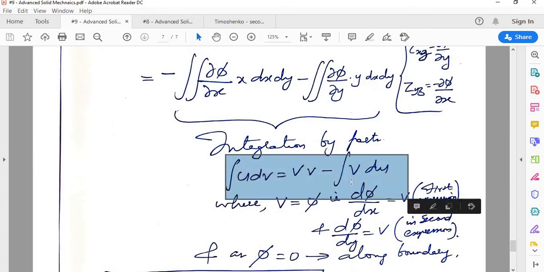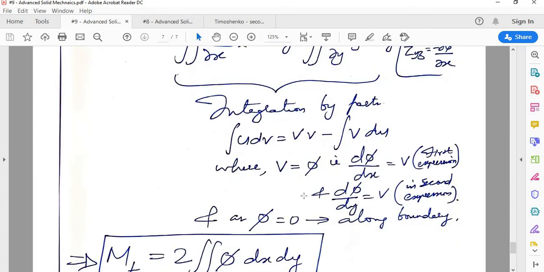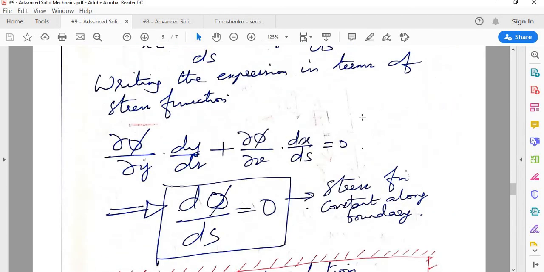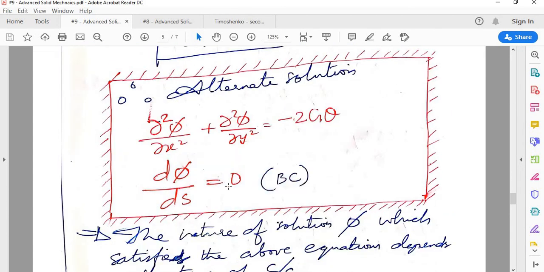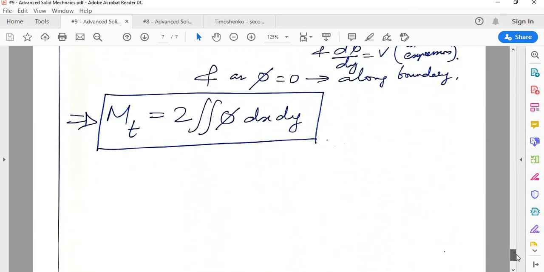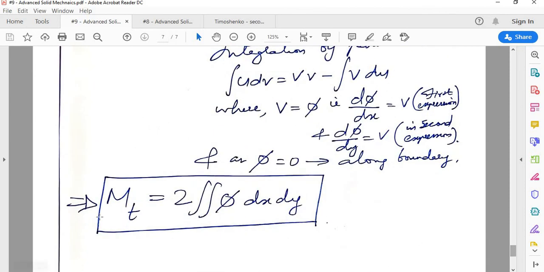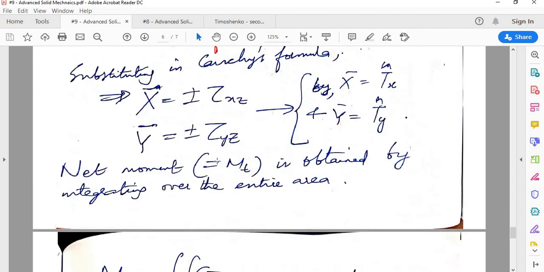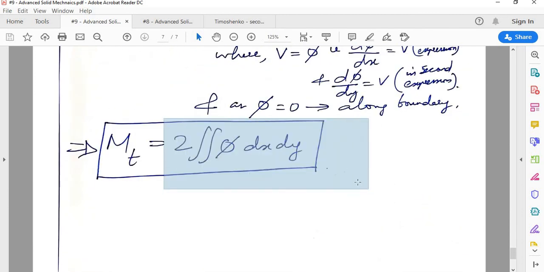Using this rule and the condition that phi is 0 along the boundary, remember, since d phi by ds is 0, phi is constant, we get Mt, the axial torsional moment, equal to 2 times the double integral of phi dx dy.